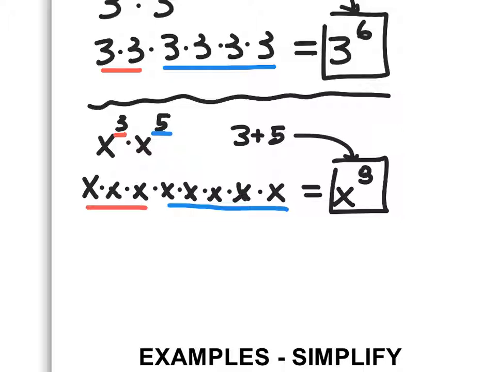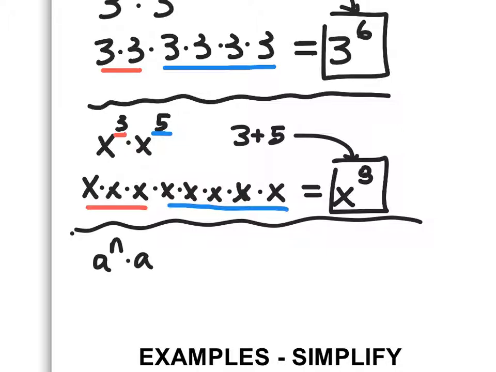So our general rule is that if we multiply two numbers with like bases, then we're going to add our exponents. If I have some number a raised to the nth power times that same value a raised to the m power, then to simplify this, instead of writing all this out, I would simply add my exponents.